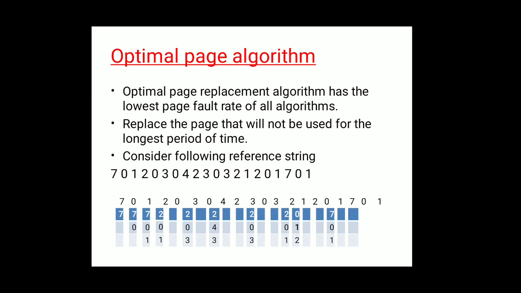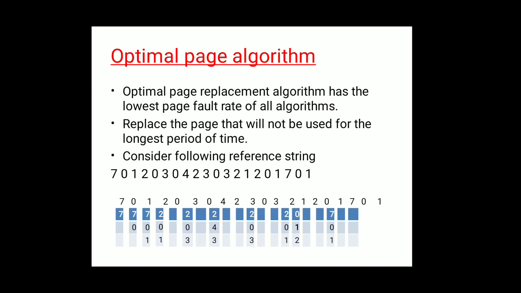The logic behind this optimal page algorithm is that we are going to replace a page that will not be used for the longest period of time. So we have to search for the page in the forward direction.